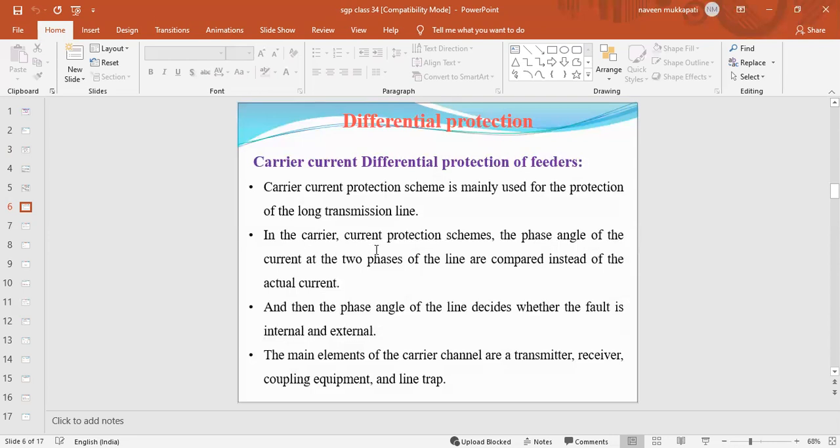In carrier current protection schemes, the phase angles of the currents at the two ends of the line are compared instead of the actual currents.